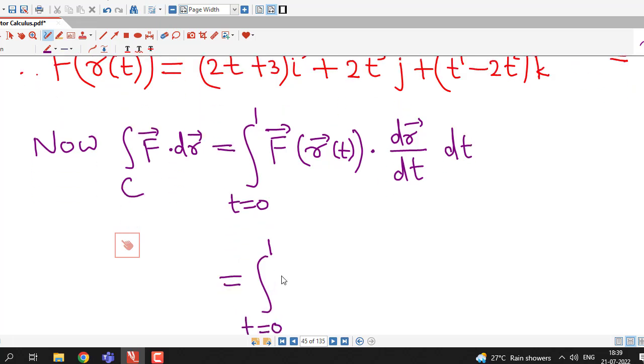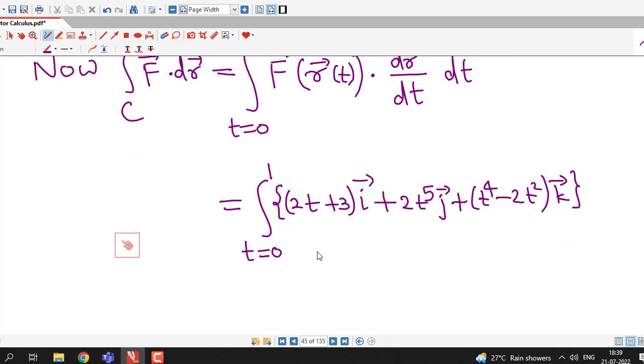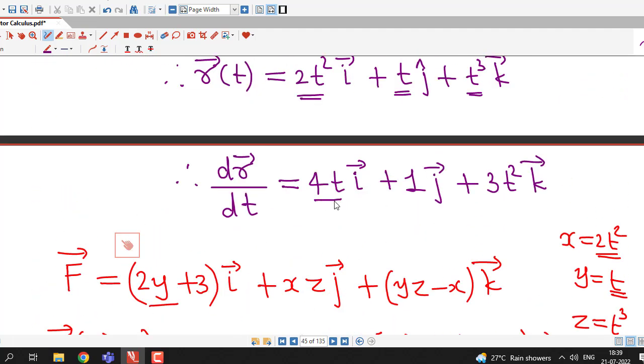First we put f bar of r bar t, which is (2t plus 3) i plus 2t raised to 5 j plus (t raised to 4 minus 2t square) k. This is our vector function f bar in terms of t, and then we write d r bar by dt, which we have converted in terms of t.